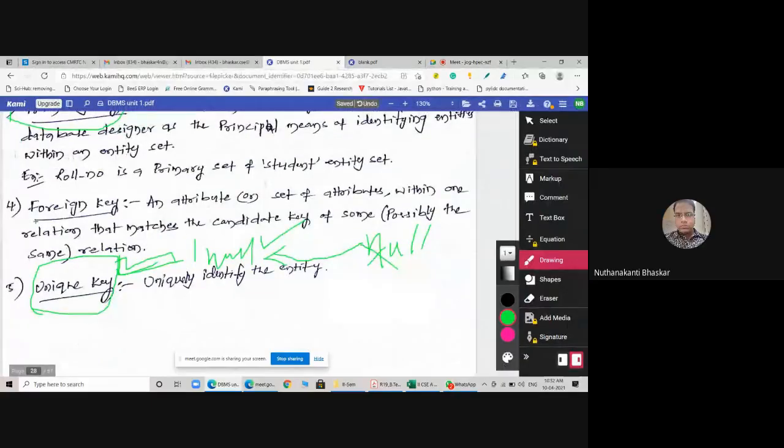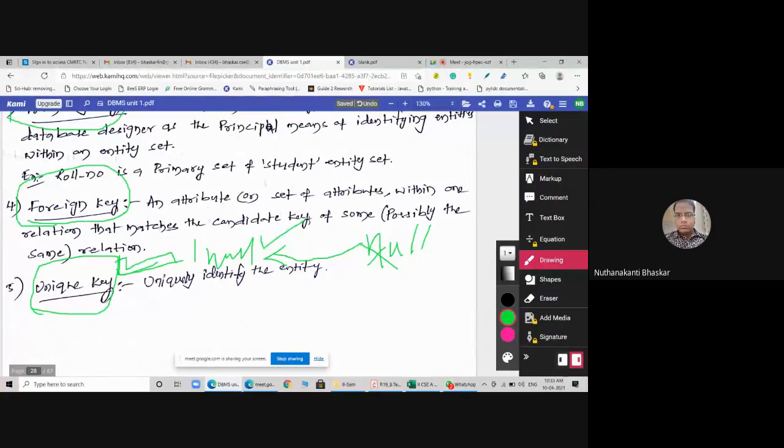Now coming to what is a foreign key. Here I clearly mentioned whenever we are going to design a database for one particular organization or one particular task, we have a lot of entities. Every entity has a lot of attributes as per the requirement, and we have to work out the types of attributes also.